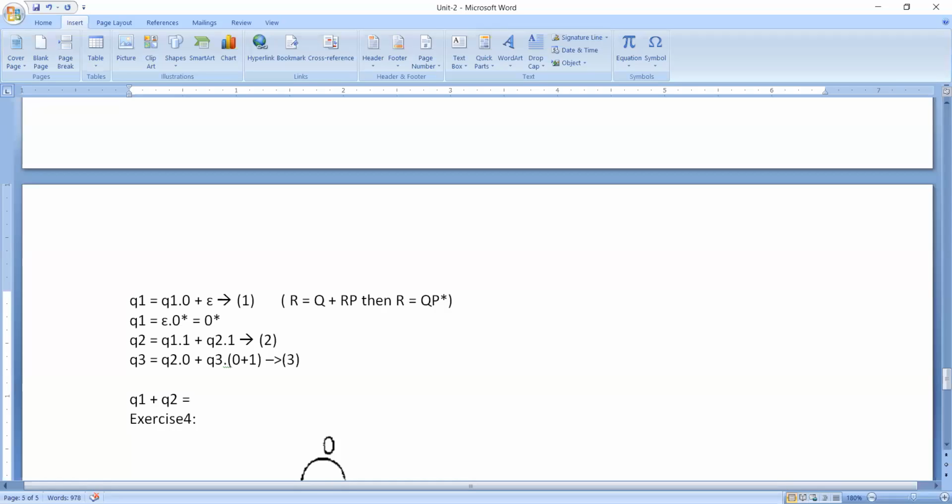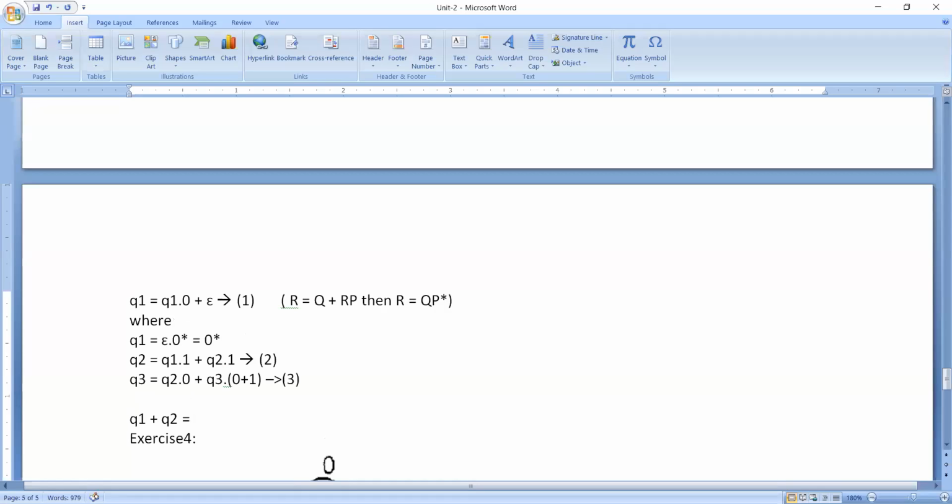Now, as per our example here, capital R is equal to Q1, Q is equal to epsilon, and P is equal to 0. From that we got this equation, which I am calling the fourth equation.